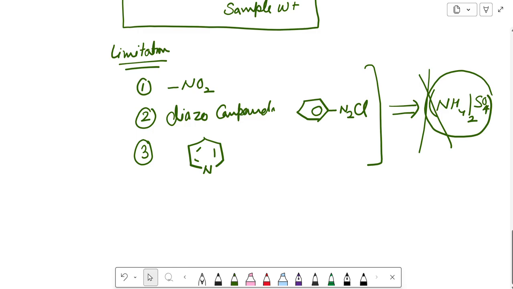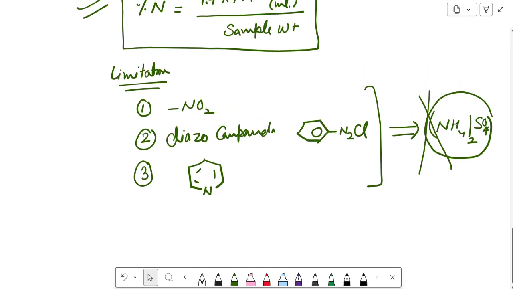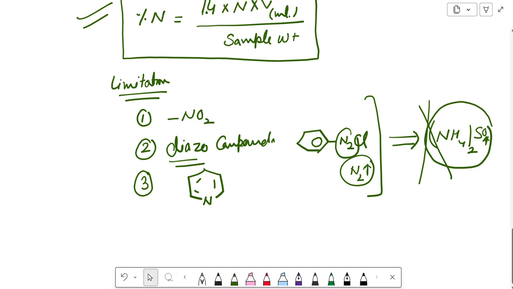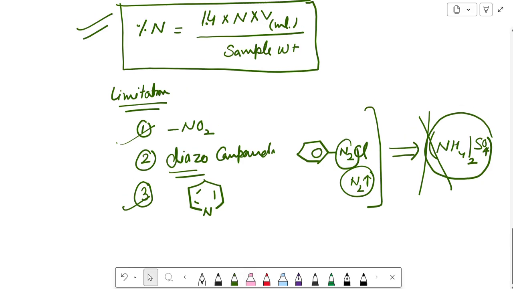That's why we cannot find out percentage of nitrogen in these compounds, because diazonium compounds release nitrogen directly. So ammonia cannot be produced. Similarly, nitro compound, and when nitrogen is present in ring, the nitrogen cannot be converted into ammonium sulfate. That's why this method is not applicable in these compounds.